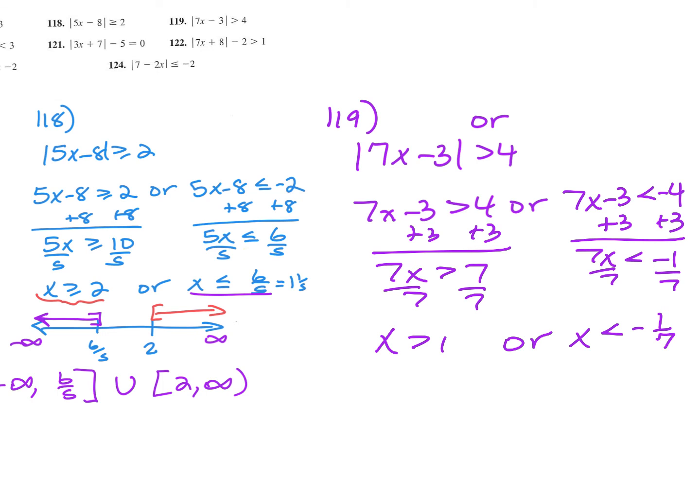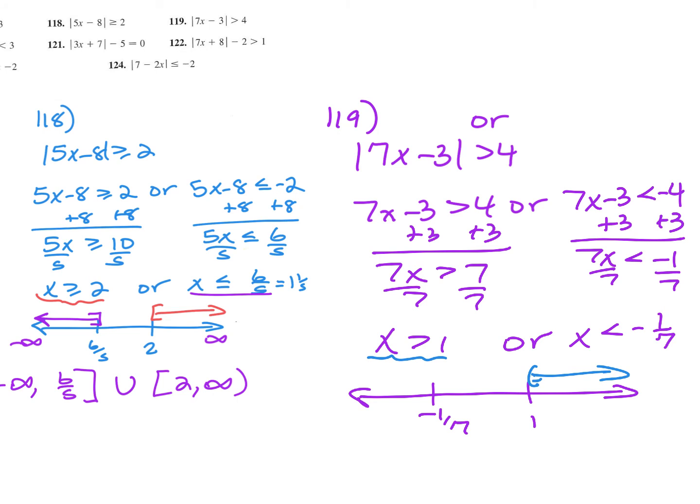So then now again in interval notation, well, let me graph it for you so you've got a visual. So again, the negative 1/7 here, the positive 1 here. This one would be a parenthesis or an open circle pointing this way.